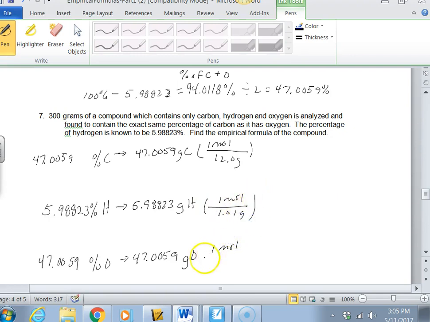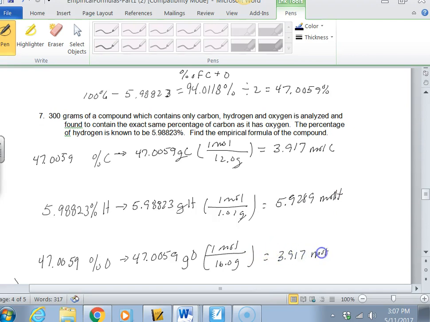And 1 mole, 16 grams. So this becomes 3.917 moles carbon, this is 5.9289 moles of hydrogen, and this is 3.917 moles oxygen.